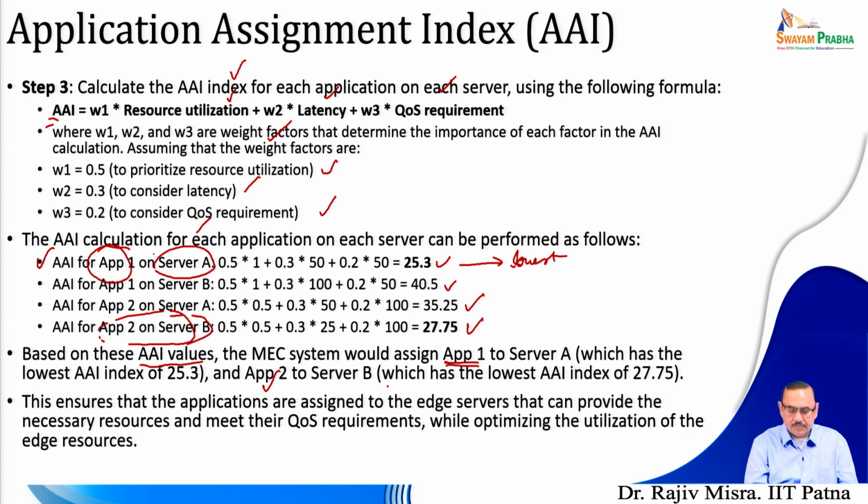Because for server B it is the lowest one compared to the other assignments, which has the lowest index, that is 27.75. This ensures that the applications are assigned to the edge servers that can provide the necessary resources and meet the quality of service requirement while optimizing the utilization of the edge resources.